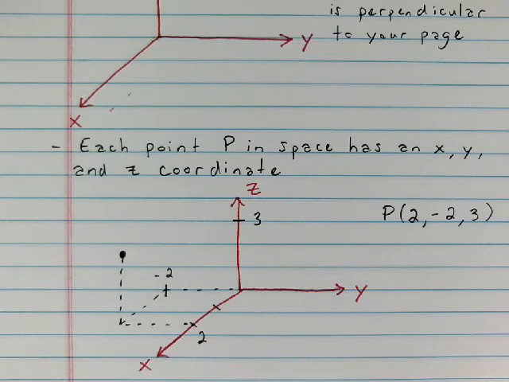So the next thing that we'll talk about, I mentioned plane. We're going to talk about the coordinate planes. I already mentioned that our page is the YZ plane. Let's talk about some other coordinate planes.